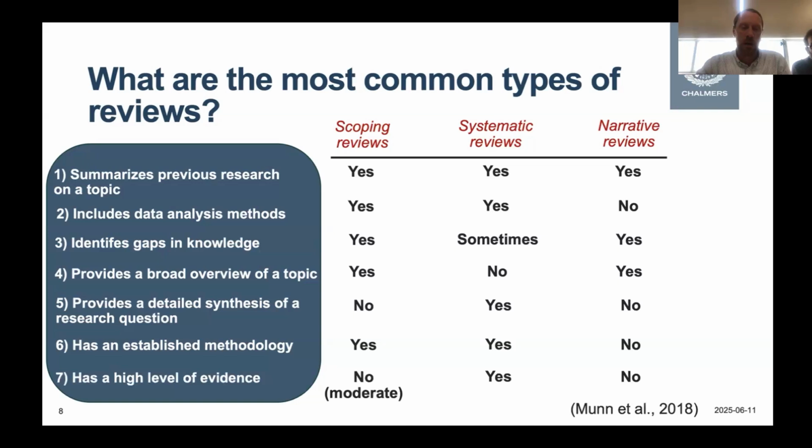And concerning the level of evidence, it's considered much higher for systematic reviews and moderate or low for scoping reviews and very low or none when it comes to narrative reviews. And this is based on an article by Moon et al. 2018.